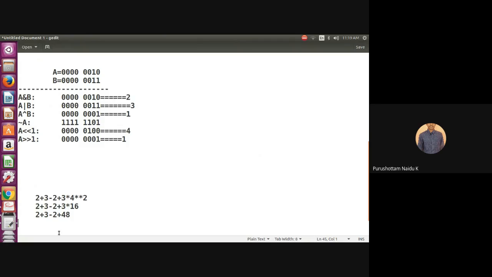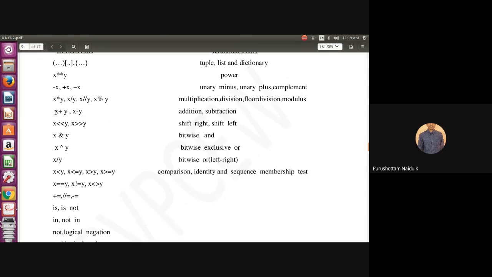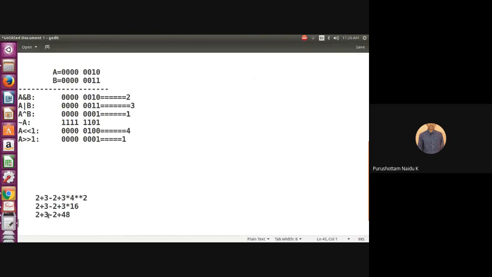Next, plus, minus, plus. Here you can see plus and minus have the same priority. If we have equal priorities, we follow left to right associativity. That means whichever comes first from the left is evaluated first. So in this expression, the first plus is evaluated: 2 plus 3 equals 5, minus 2, plus 48.